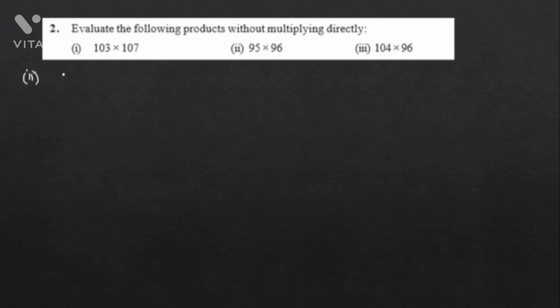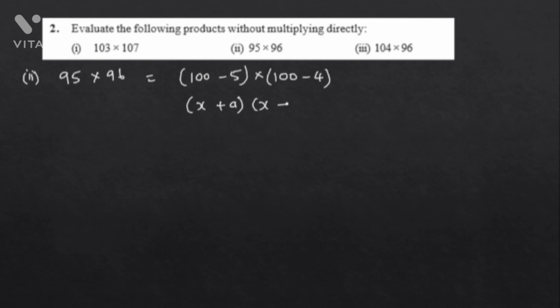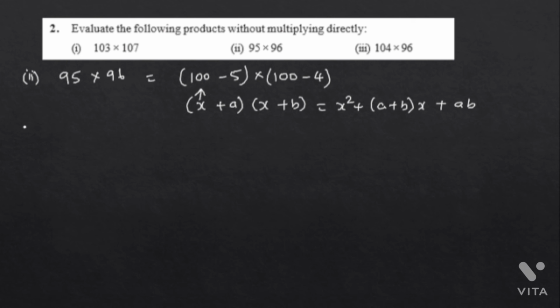Second question, second subdivision, 95 into 96. Here we can write 95 as 100 minus 5 and 96 as 100 minus 4. Now this resembles x plus a into x plus b is equal to x square plus a plus b into x plus ab. In the place of x we have 100, in the place of a we have minus 5, in the place of b we have minus 4.